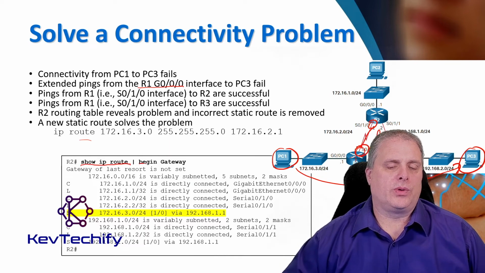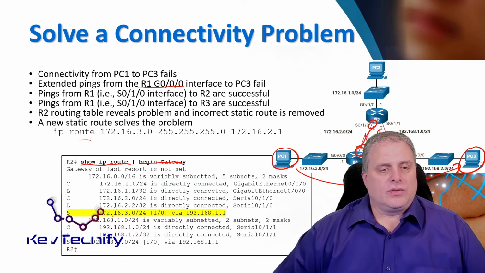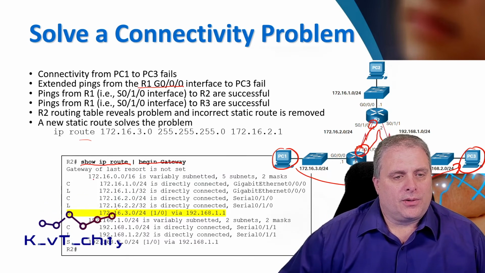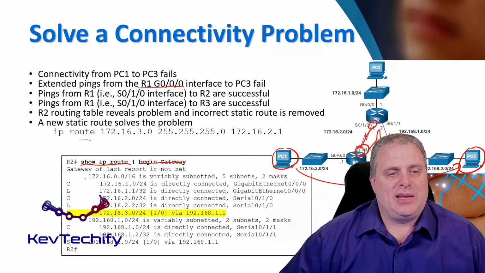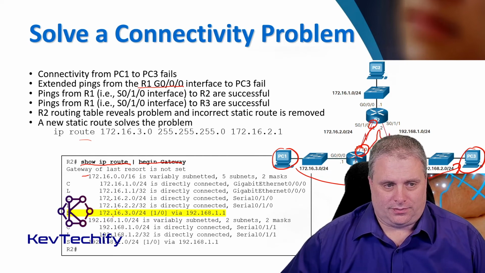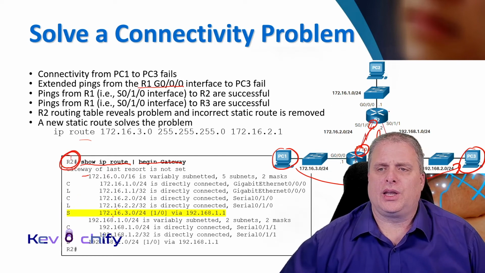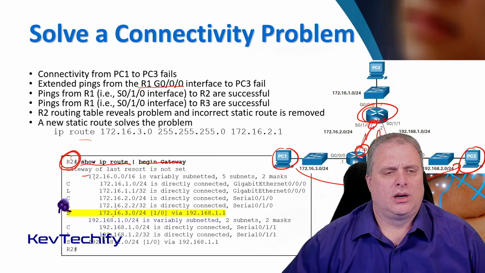Begin with the gateway, because we don't need to see all the codes at the beginning. And we're looking through here. And then all of a sudden we see for our 172.16 parent network, under here we see this network, 172.16.3.0. And this happens to be a show IP route on R2. So we're looking at R2 up here.